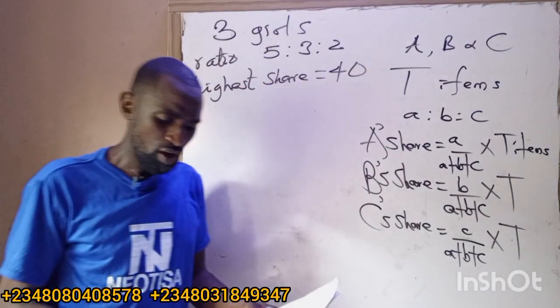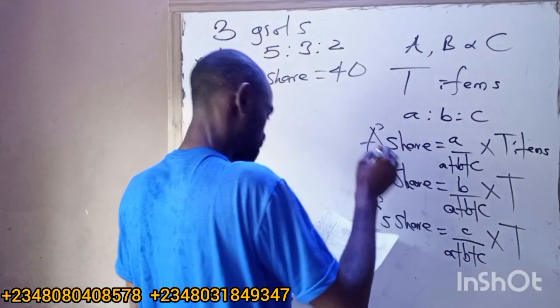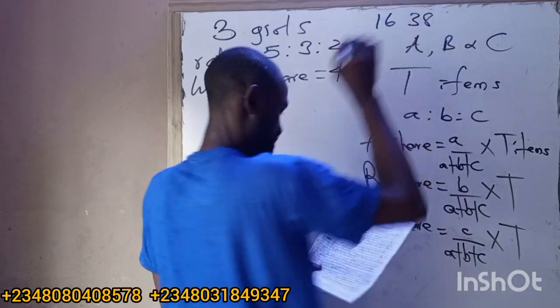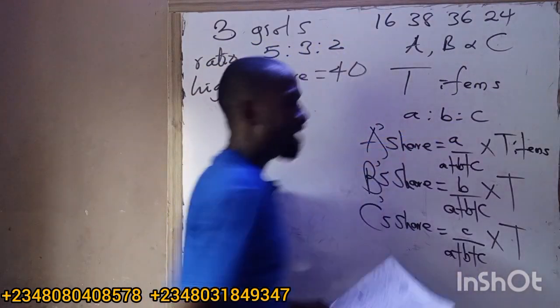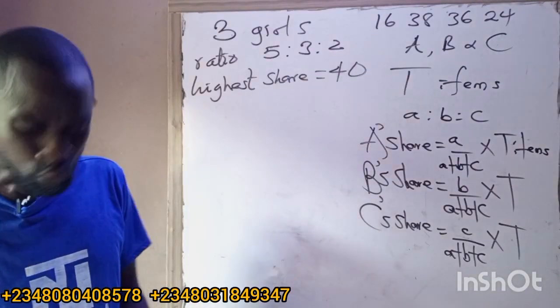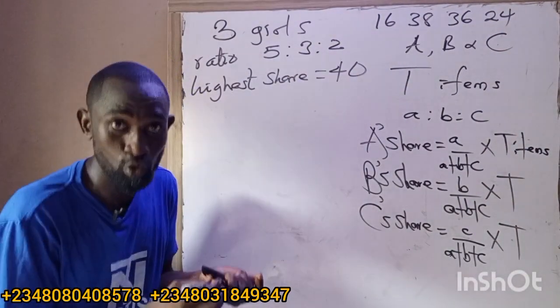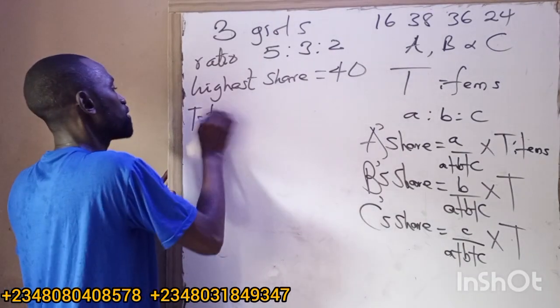We are asked to find the smallest share. We have options 16, 38, 36, and 24. 2 will have the smallest share because 2 is the smallest ratio. So the first thing is we get the total ratio. What is the total ratio?